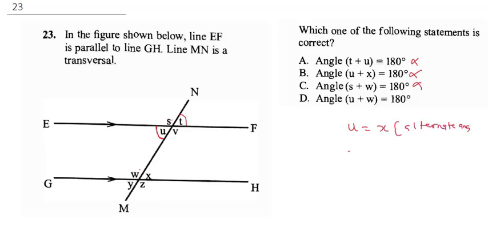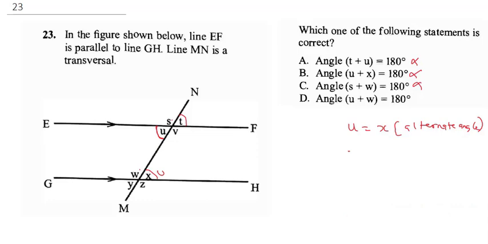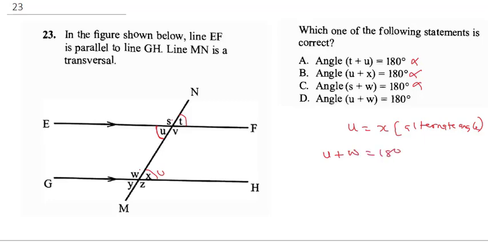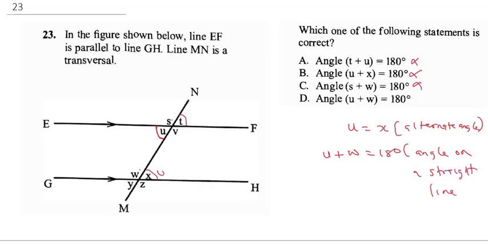So now that means this is also U. Now you can see U plus W is angle on a straight line. U plus W is equal to 180. Reason being that they are what? Angle on a straight line. An angle on a straight line is equal to 180. So from here we can say D is the correct answer. So we are going to circle D.